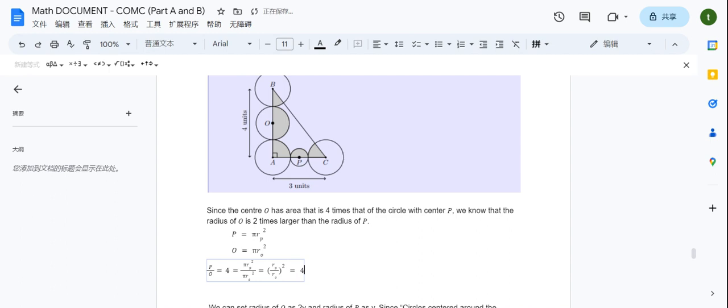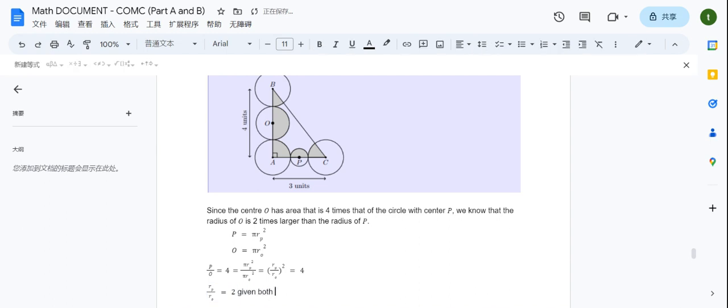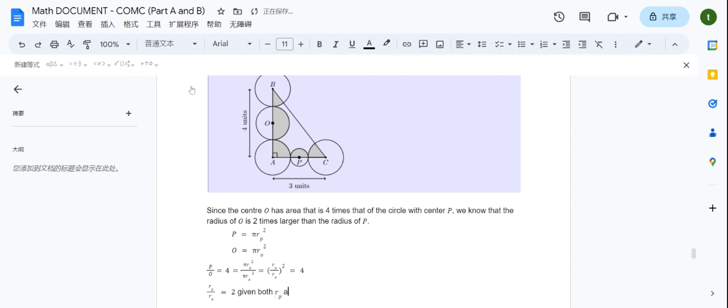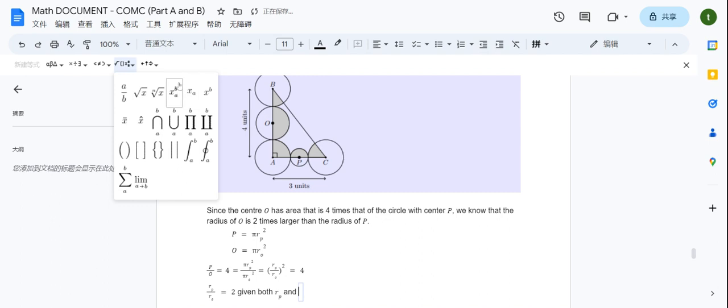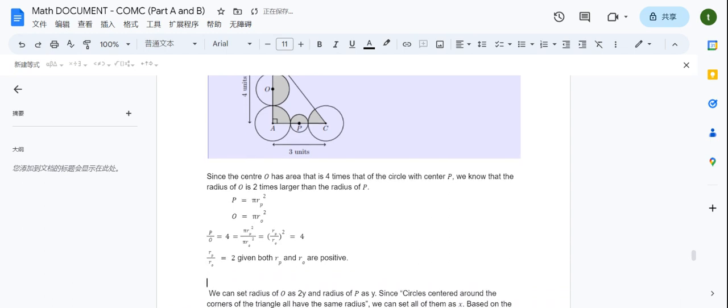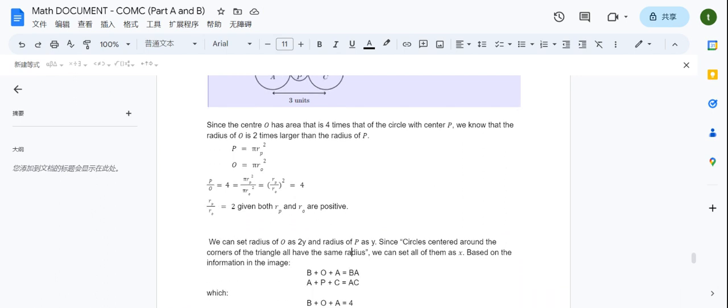So this ratio is equal to 2, given both rP and rO are positive. From this, we know that the radius of O is 2 times bigger than the radius of P. We can then set the radius of P as y and the radius of O as 2y.